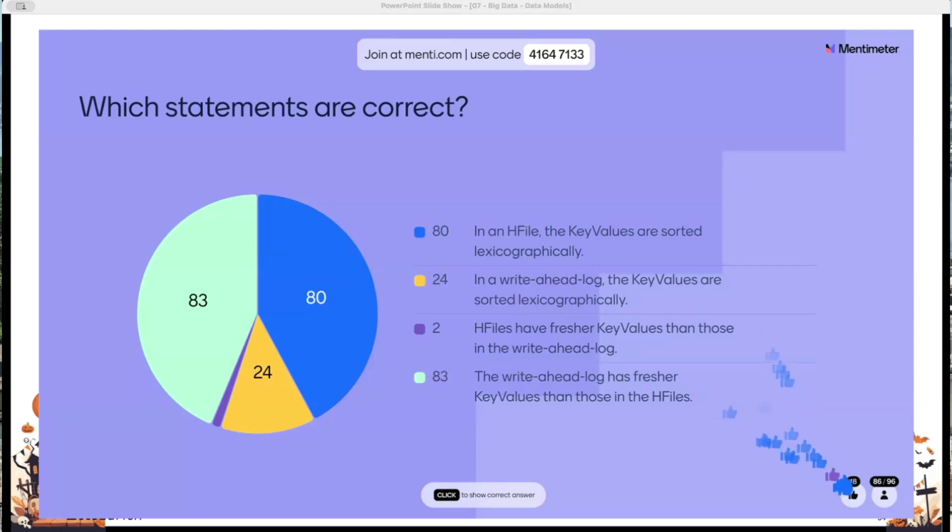So the write-ahead log is really the very recent data that we're afraid of losing, because otherwise it's only in the memory of the machine. That's the fresh key values. Who is with me? Right? Very good. Okay, so that's good. So you see there's a lot of questions, but you understand what's going on, right? So most of you get it correct.